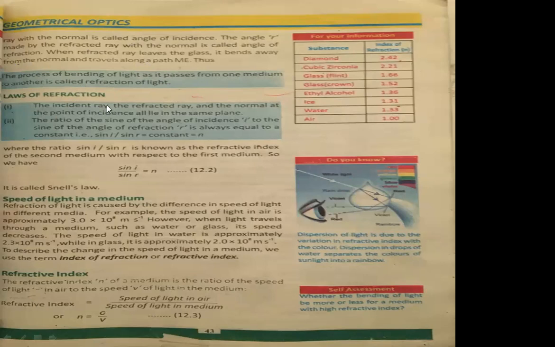As we discussed the laws of reflection, similarly we will discuss the laws of refraction too. In reflection we have two laws, with the angle of incidence equal to the angle of reflection. In refraction we also have two laws. The first: the incident ray, the refracted ray, and the normal at the point of incidence all lie in the same plane.